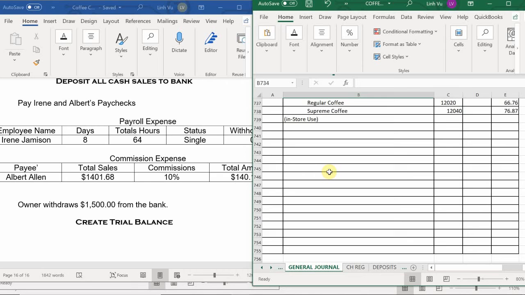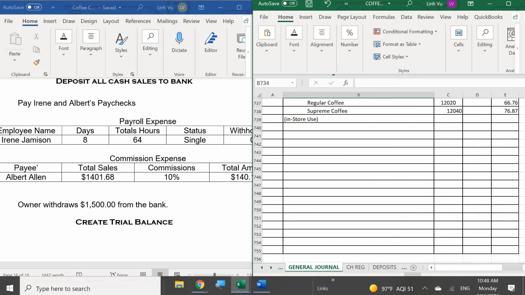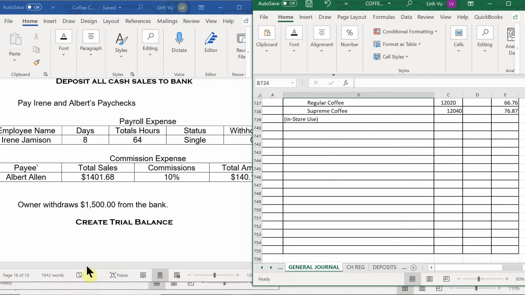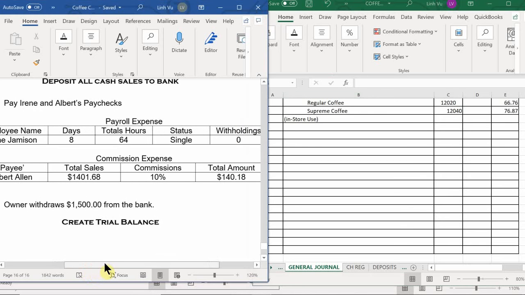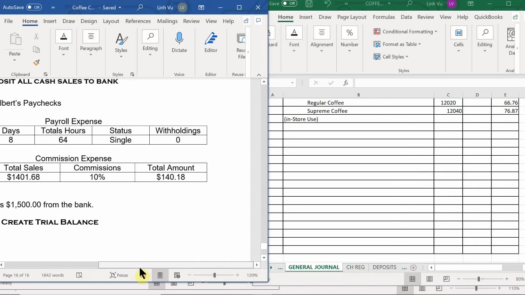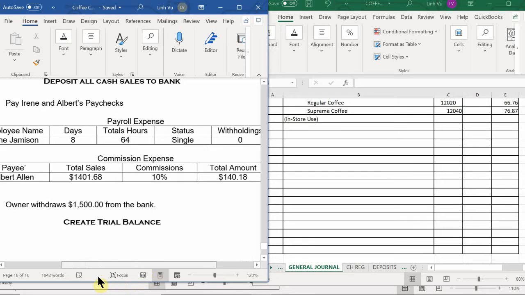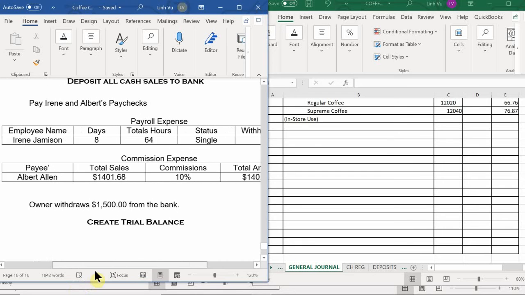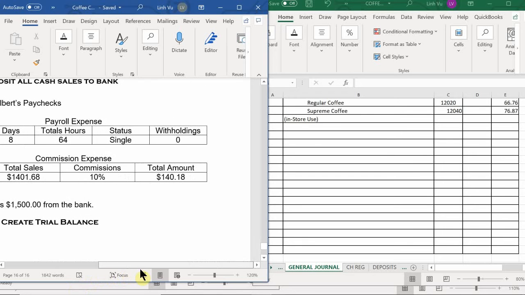This is what her W-4 form says: Irene Jameson has so far worked a total of 8 days, a total of 64 hours, and she is filing as single status and claiming 0 withholdings. That means nothing, no extra withholdings, no kids. She's going to claim 0 everything.